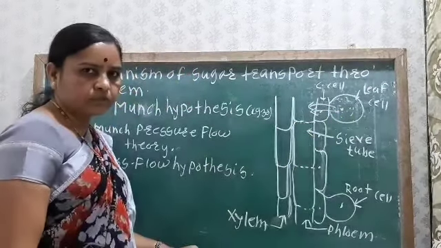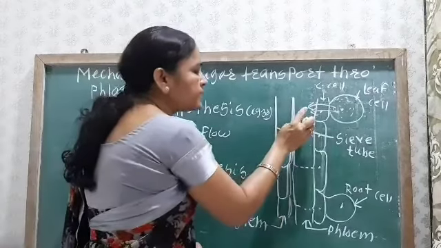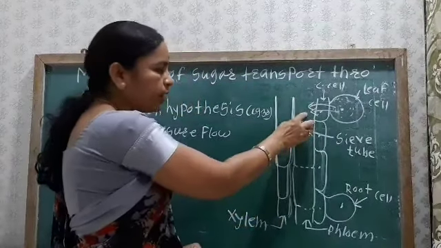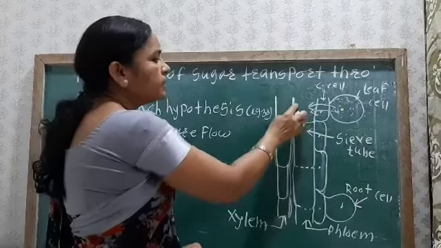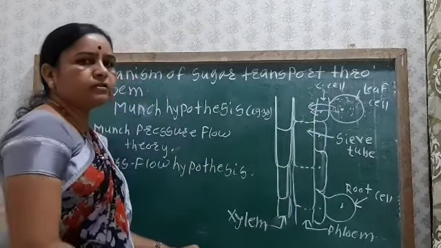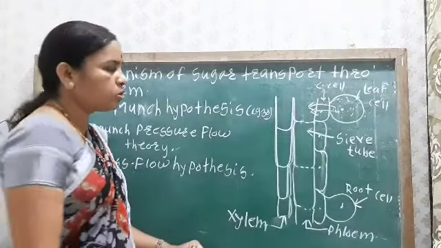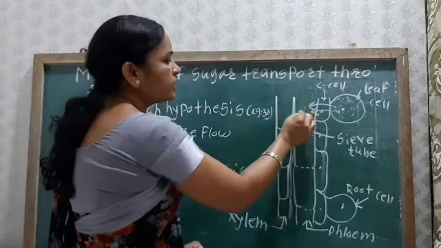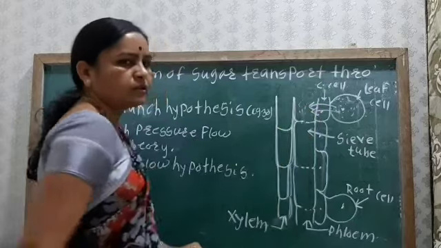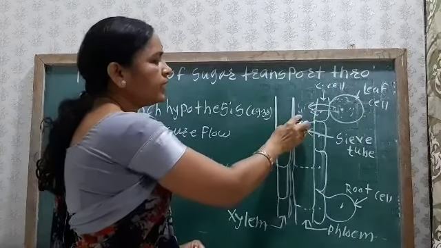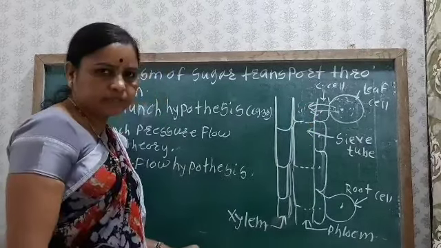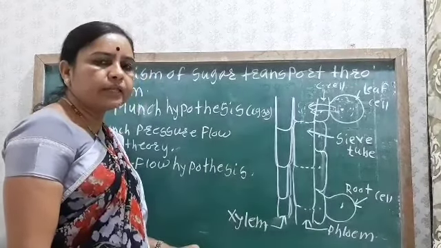So when the food material is transported into the sieve tube, what happens here? The concentration of the cell sap of the sieve tube increases. If the concentration increases, the DPD also increases.